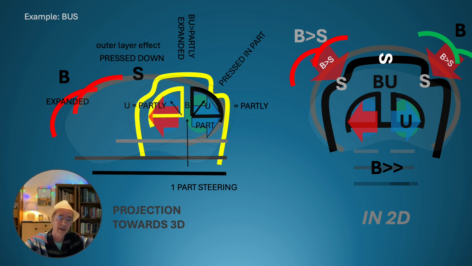And then again, you have this expansion, this pressing down, these parts will come down, or the pressed in parts, and the focus lifted up a little bit, and the partly steering part that is accidentally also used in here from the bus onwards. All these things match with how we see bus, and that's the main point.